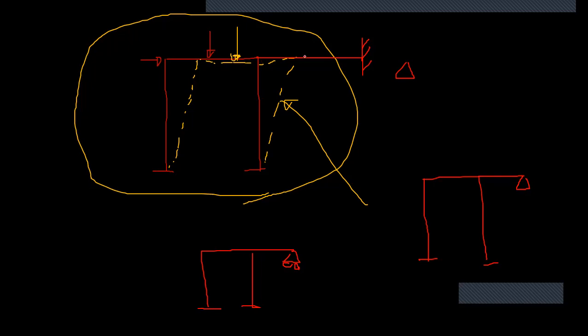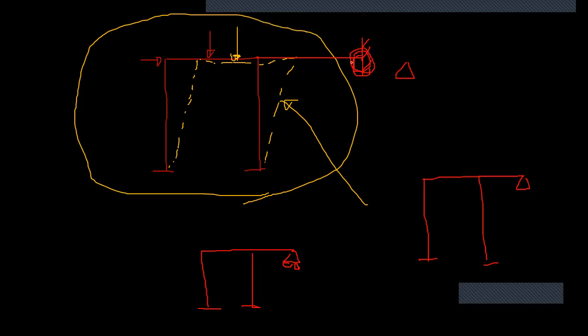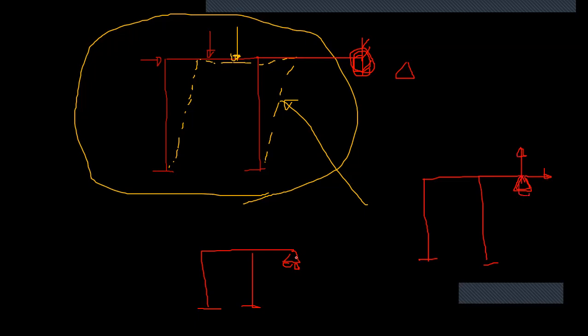This cannot move. If it tries to move, this support will keep its shape and prevent horizontal movement. This support as well, because the degrees of freedom in this direction and this direction are restrained by this support. But here it is not. It cannot restrain this direction or the other degrees of freedom.